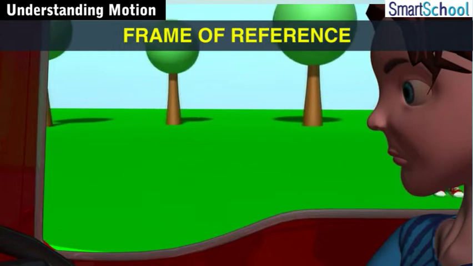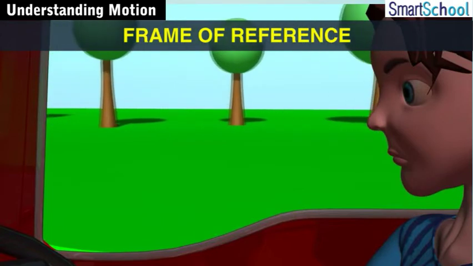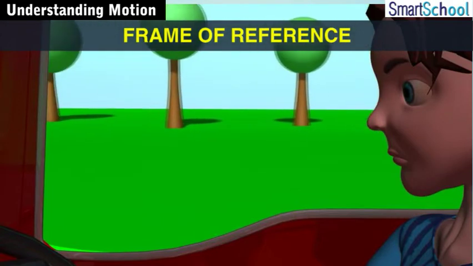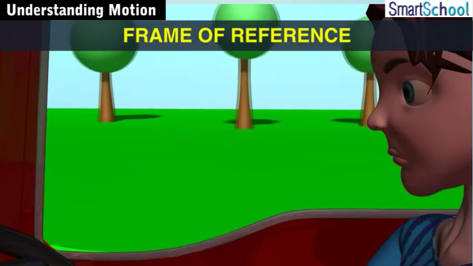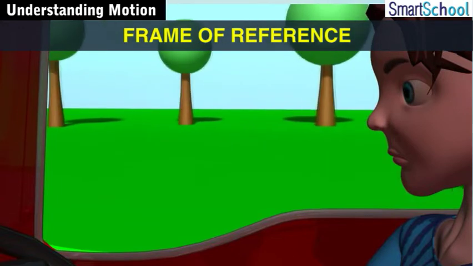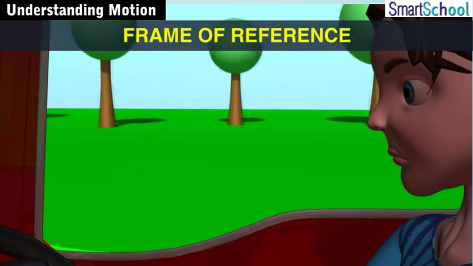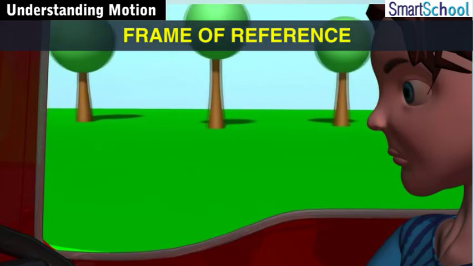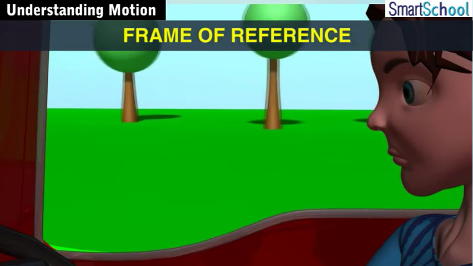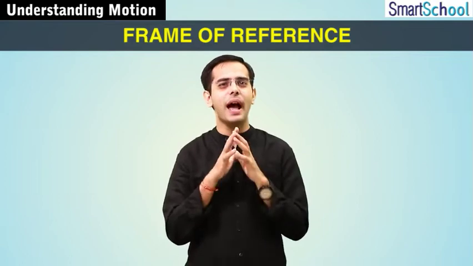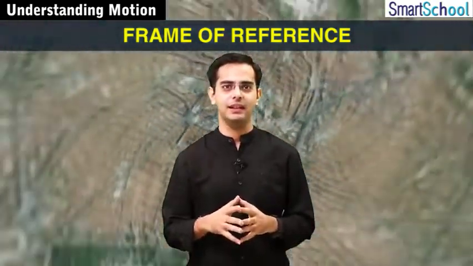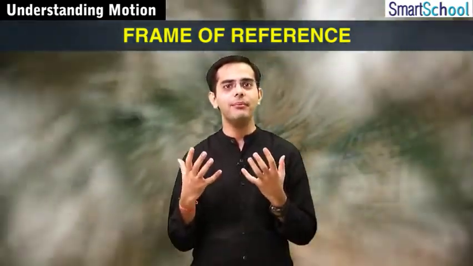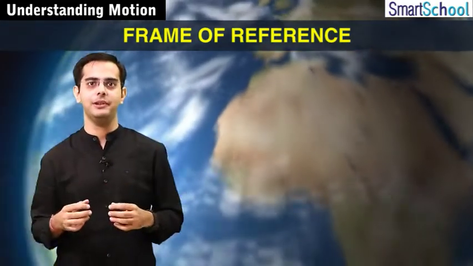If you're in a moving truck, then the moving truck becomes your frame of reference. All the measurements that you take will be as compared to the truck. But there is no fixed frame of reference, no absolute frame of reference. And so, some frame of reference must be chosen arbitrarily.